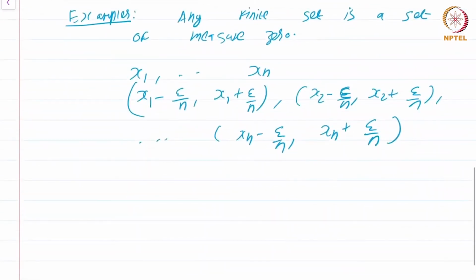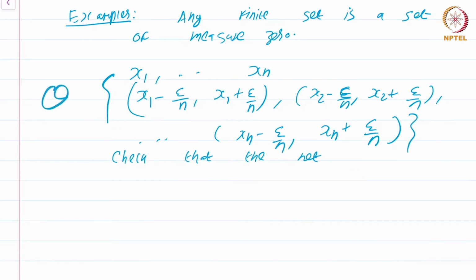Now, the way I have done it, you will get an additional factor of 2, but I want you to check that the net length of the intervals in this set O is less than 2 epsilon, I believe.